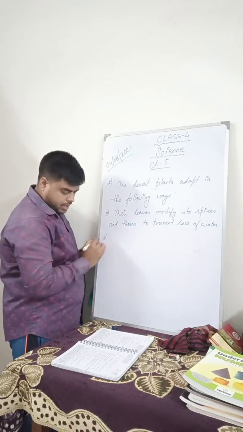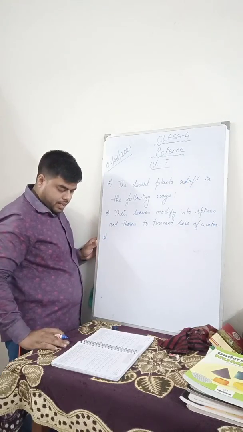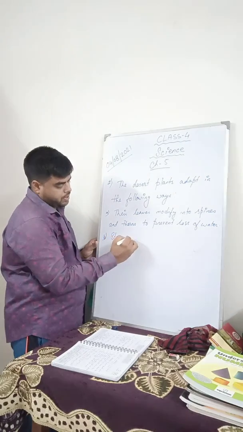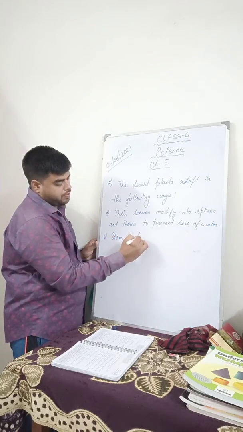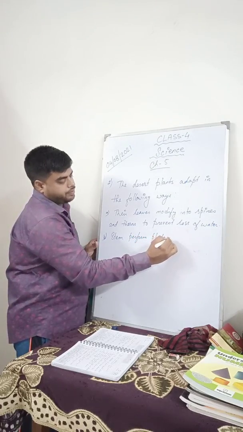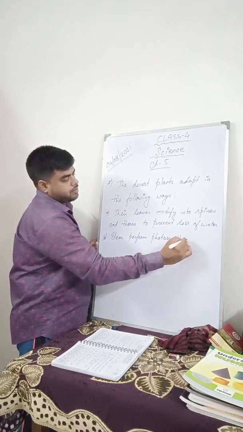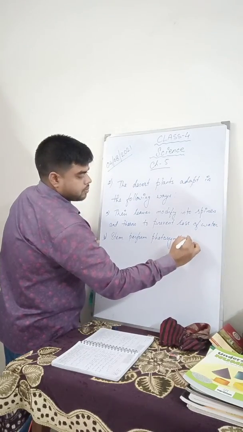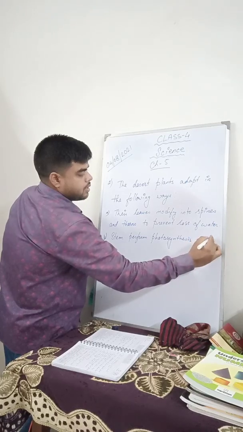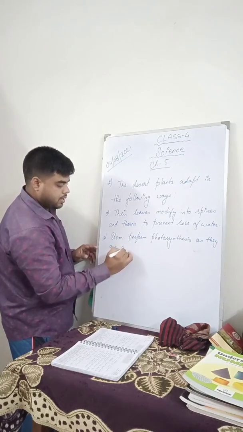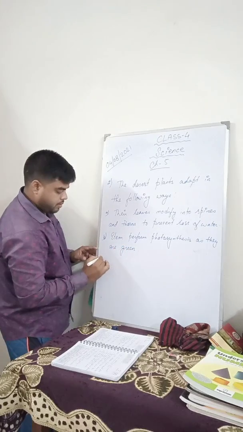Number B, the stem of these plants are green and thus they perform photosynthesis, as they are green.